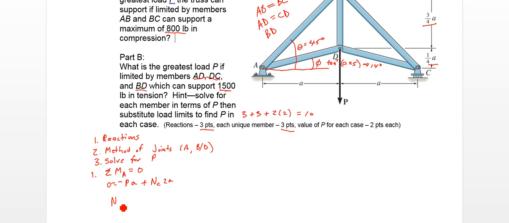So NC equals PA over 2A. NC equals 1/2 P. There's our reaction there.